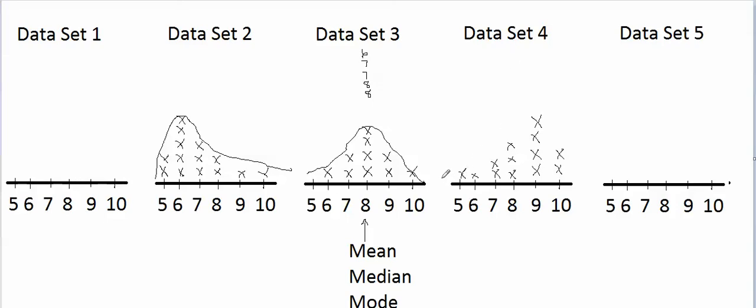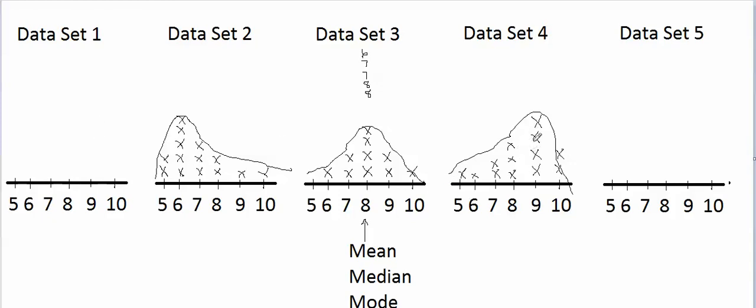Write the numbers up here, make a curve around it, and try to make this one more highly skewed than this one. The same shape as over here, but more dramatic.